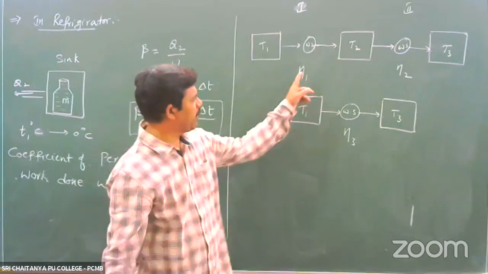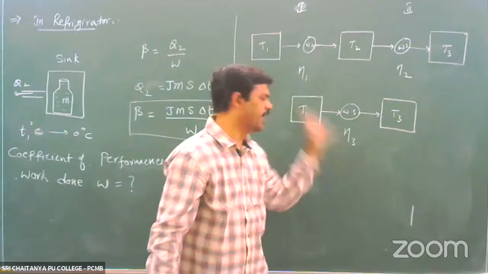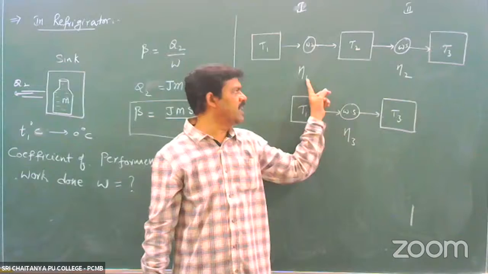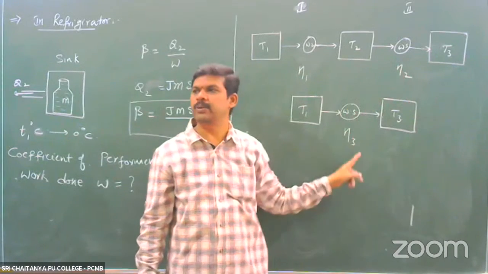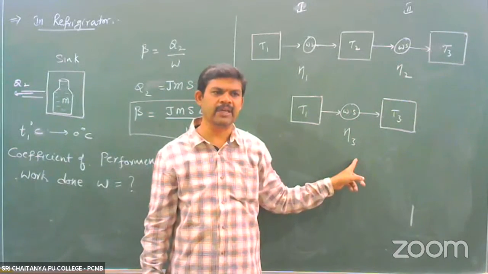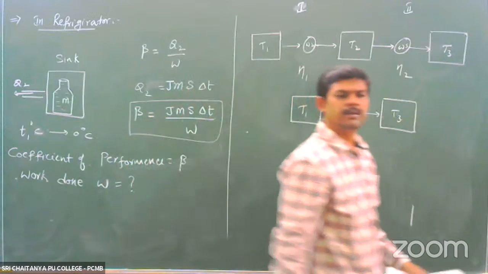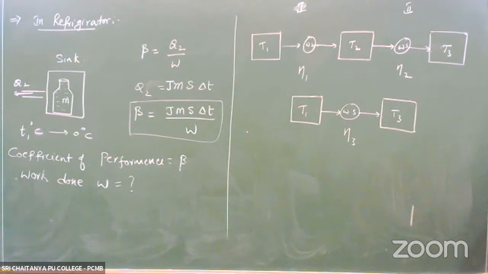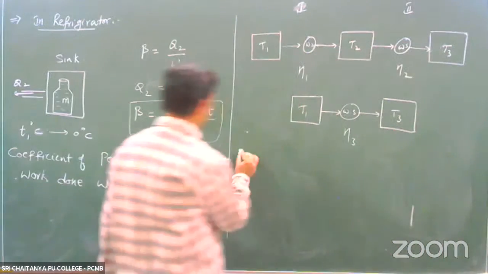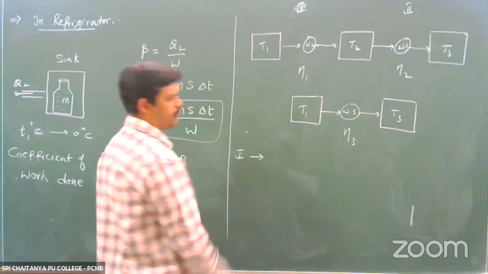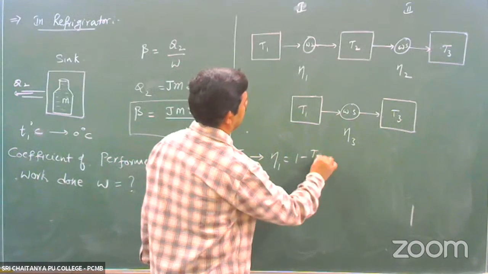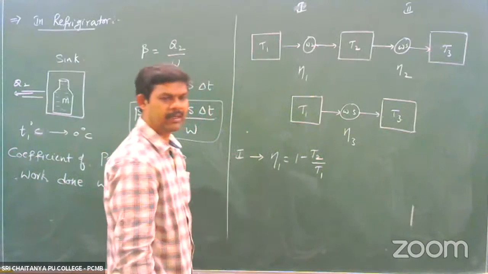I want a relation between eta 1, eta 2 and eta 3. These are given in the problem. What is the relation between this eta 1, eta 2 and eta 3? Okay, come on. See, whenever it is operating between T1 and T2 for the first engine, tell me what is the efficiency formula? Eta 1 is equal to 1 minus T2 by T1.